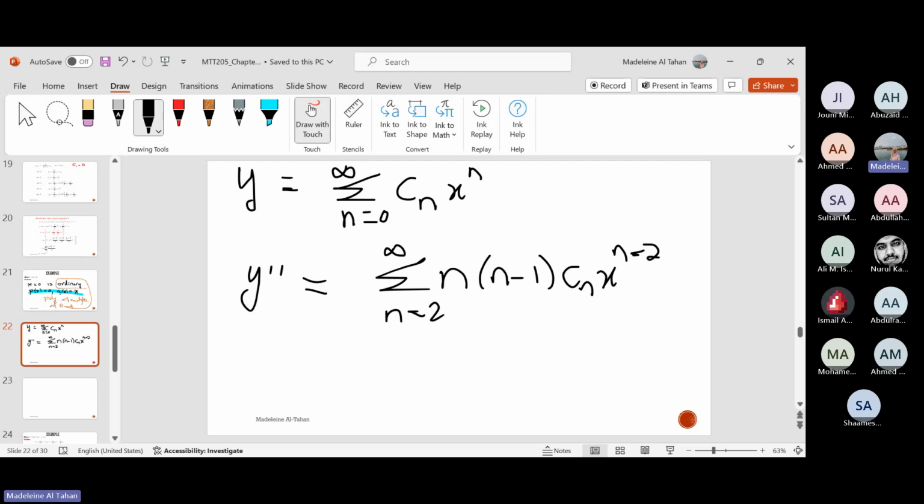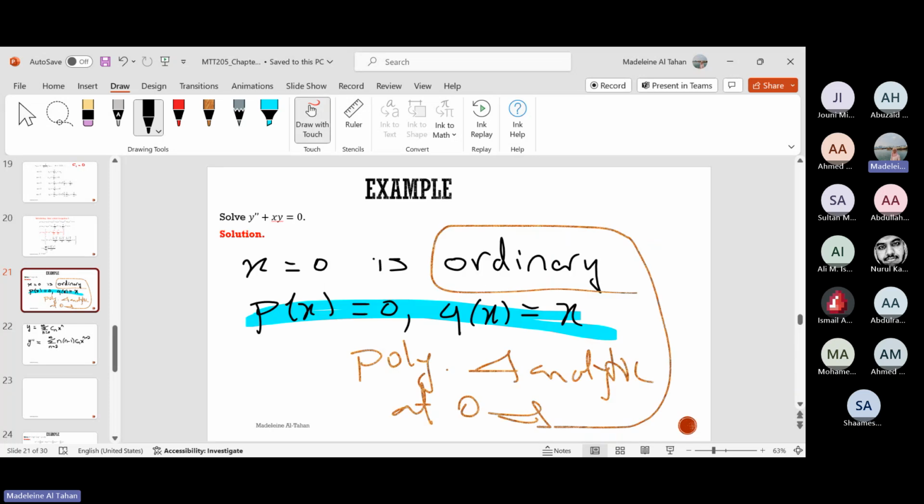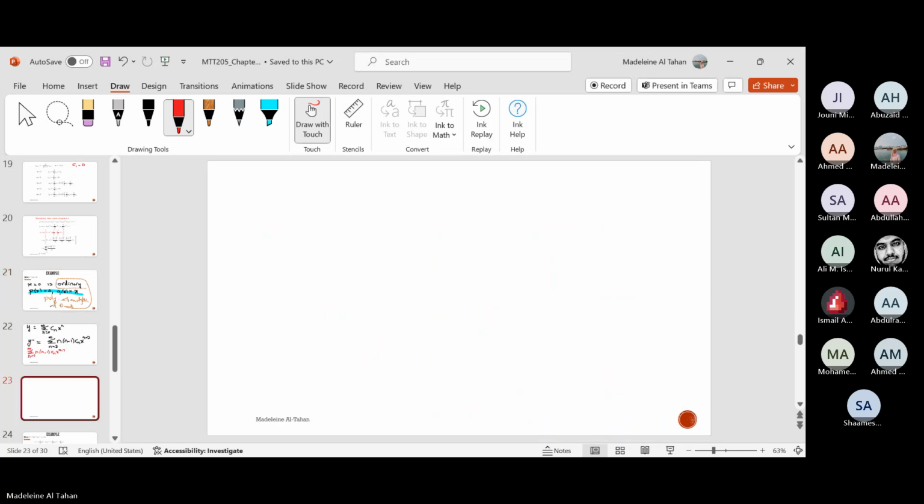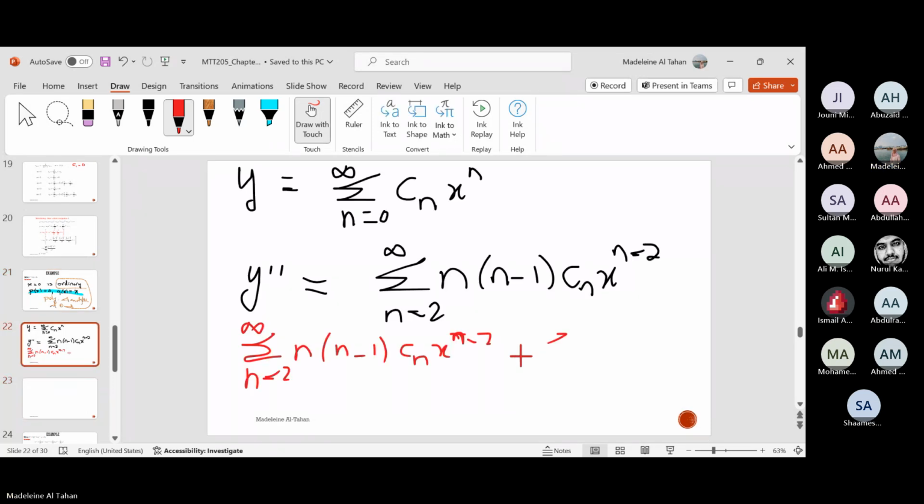Do we have any questions, miss? No. What was the equation? Y double prime plus xy equals 0. So let's write it. Y double prime is sigma from n equals 2 to infinity n into n minus 1 Cn xⁿ⁻² plus xy, sigma from 0 to infinity.